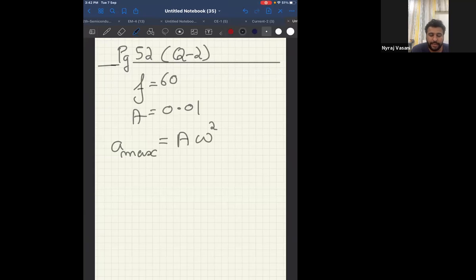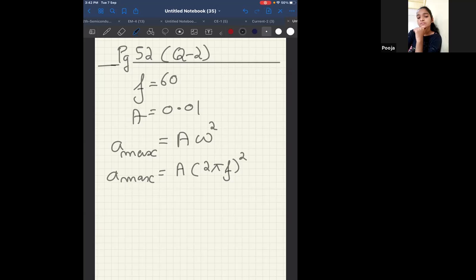So can I say A max can be written as A into omega square can be written as A into 2 pi f of the whole square. Can it be written as 2 pi f of the whole square? Now, if you look at the options, you notice they have not taken the value of pi, means they have not substituted pi as something. So even I will keep pi as it is.